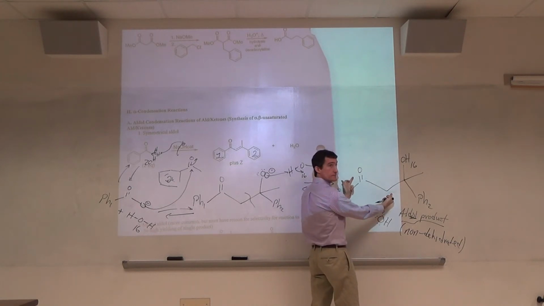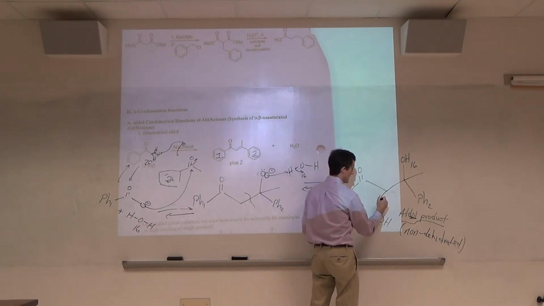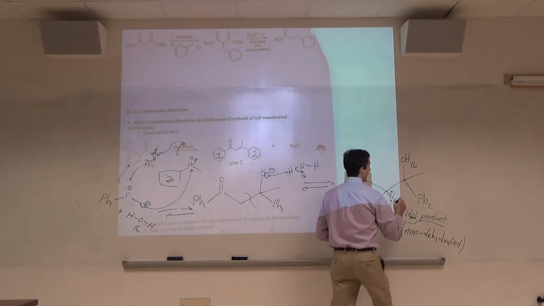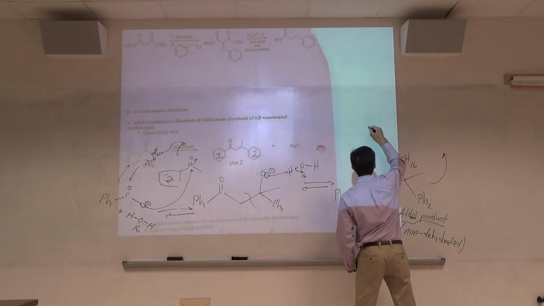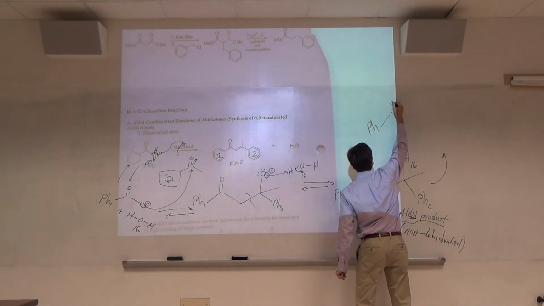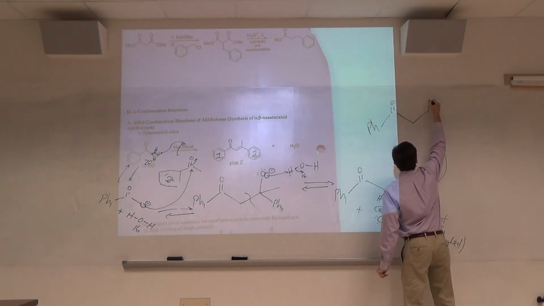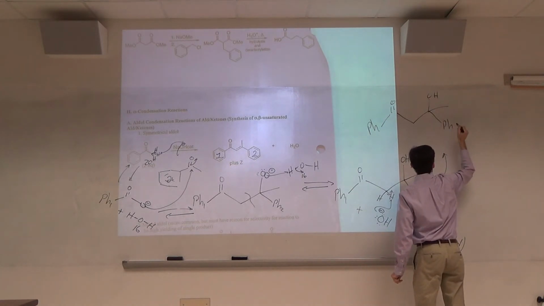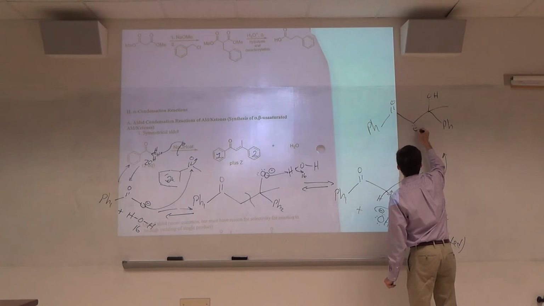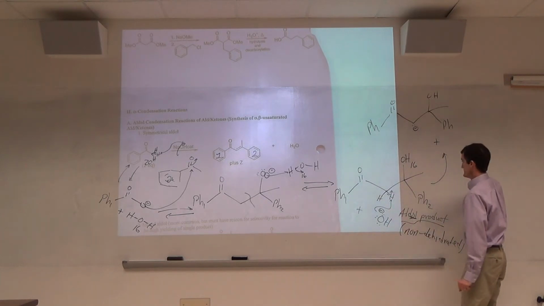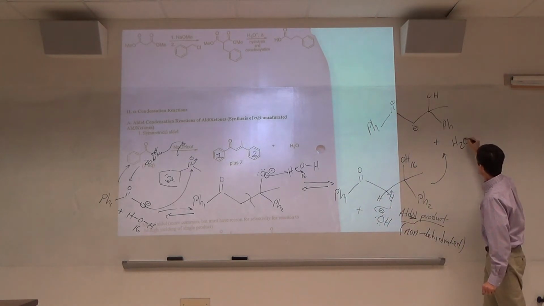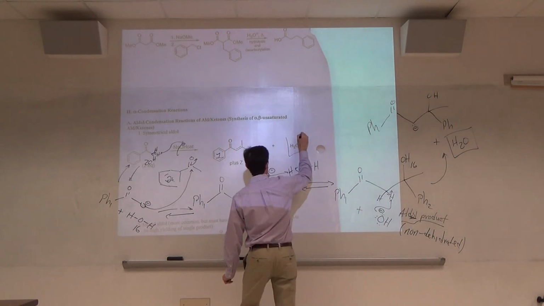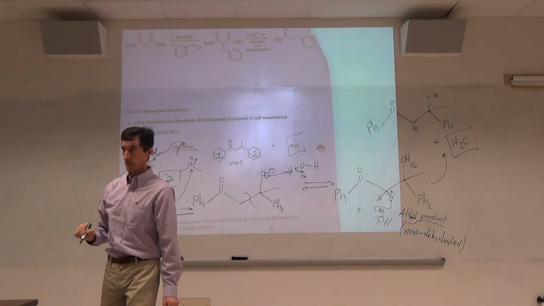Aren't these acidic? Yes. Hydroxide can take this one, and that gives that anion plus what? Plus water. I'm going to put that in a box because that's actually this water now. There's that water.